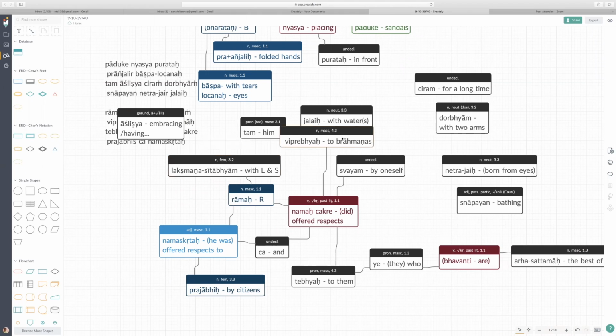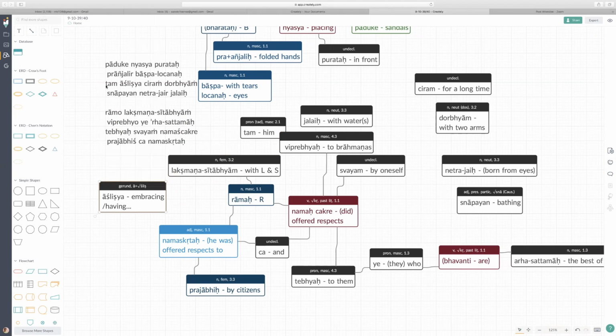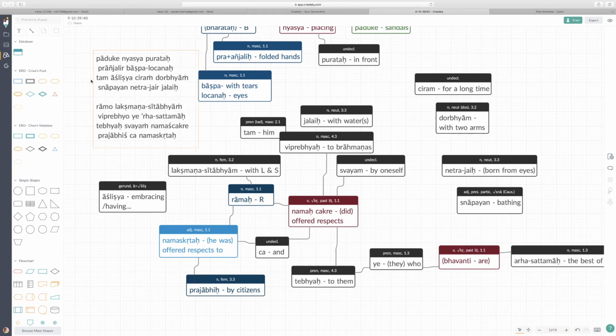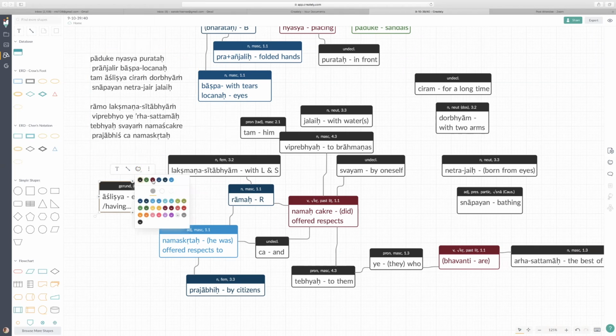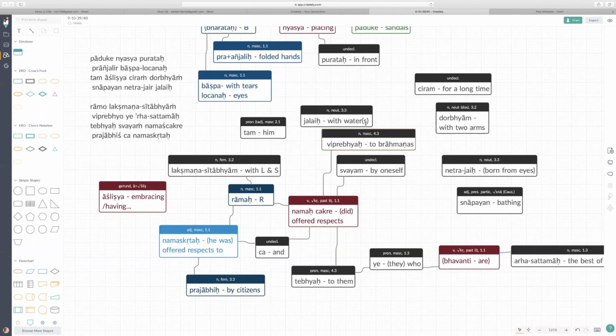Okay, then now we go to the half of the previous verse. Tam aslishya chiram dorbhyam snapayan netra jair jalaihi. So Ashlishya is another gerund. So let's put it somewhere in between.